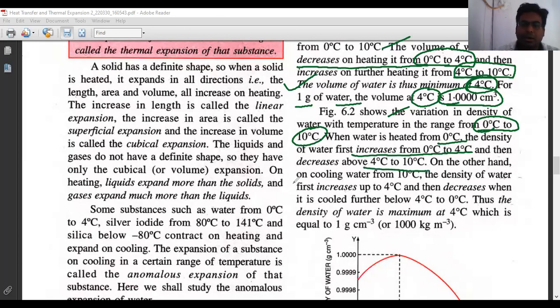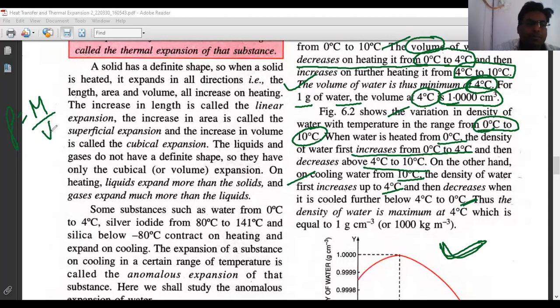On the other hand, on cooling from 10 degrees Celsius, the density of water first increases, then decreases. So you can see on the graph, from 0 to 4 it should expand, but it contracts. That's why density increases. As we know, density is equal to mass upon volume.